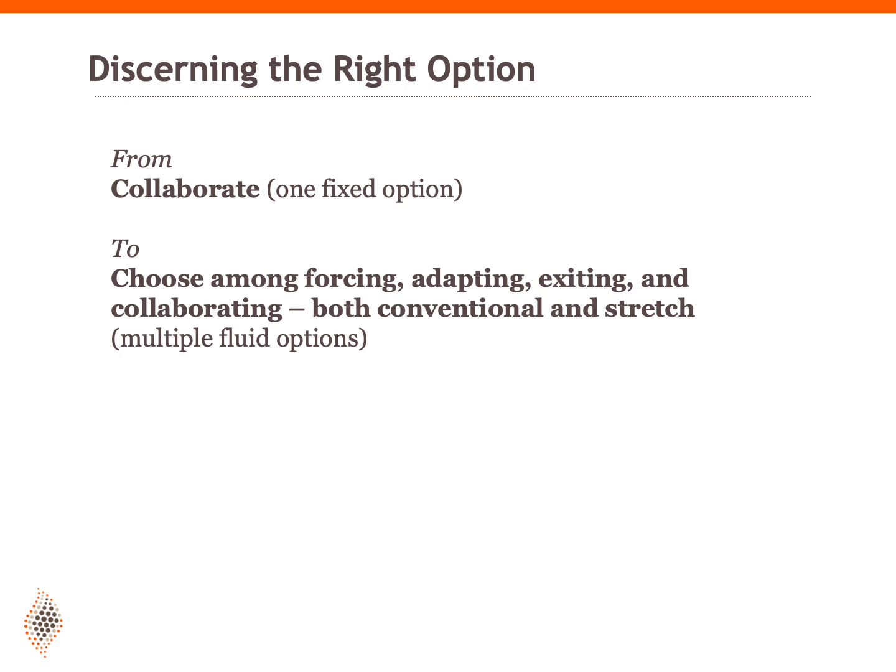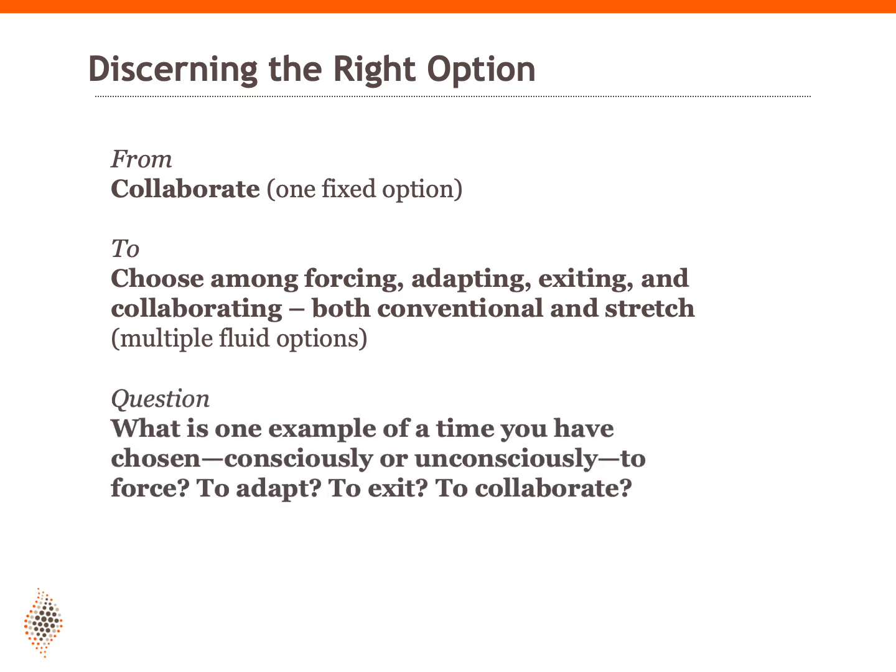So, to highlight what I've just shared, collaboration is a choice. And you make a choice based on your place in a system and what you think is possible. So, just as a reflection for this part of what I've introduced, which is the choice of collaboration, think for yourself of an example of a time that you have chosen, consciously or unconsciously, to force, to adapt, to exit, and to collaborate.